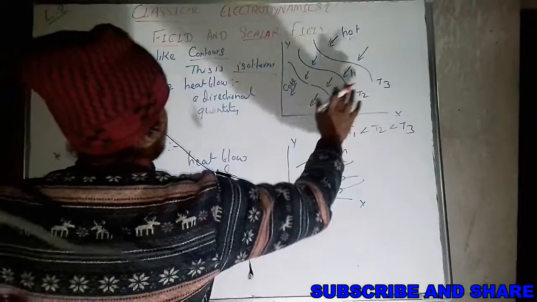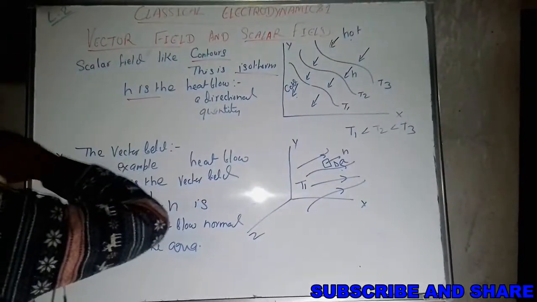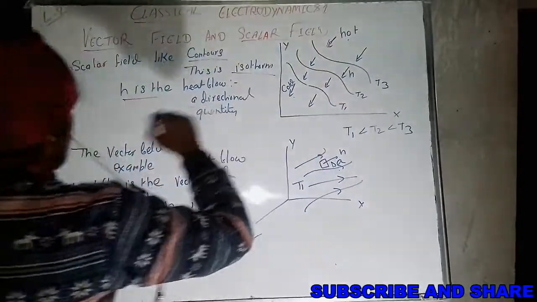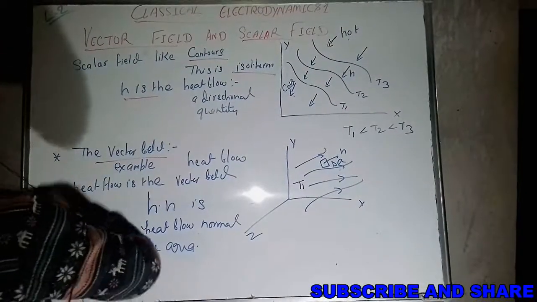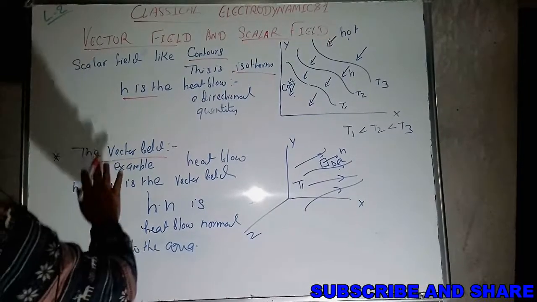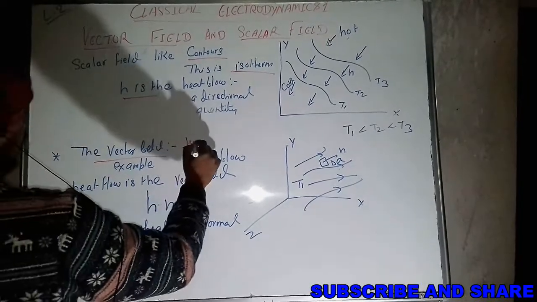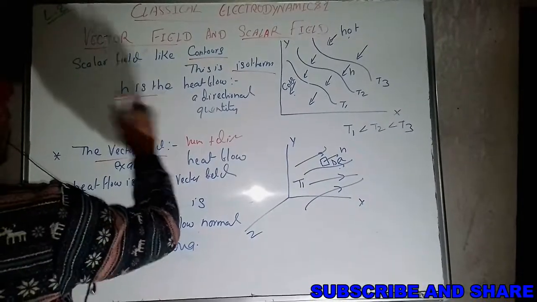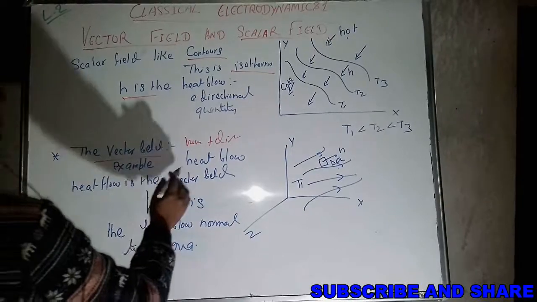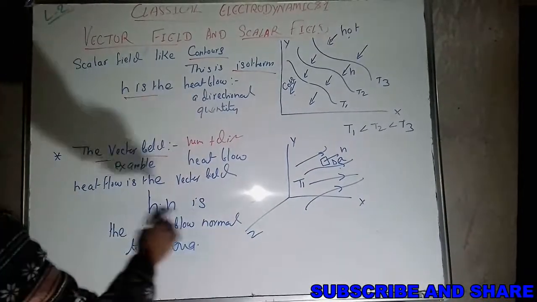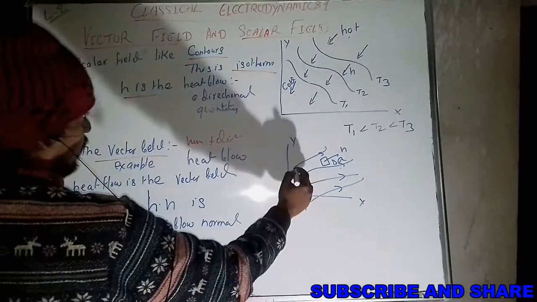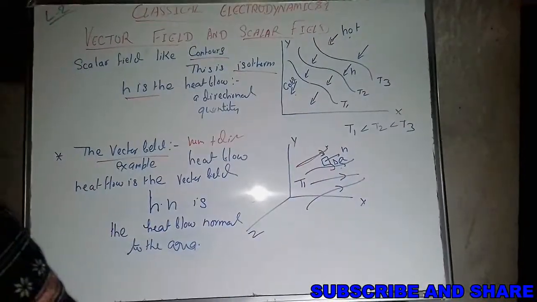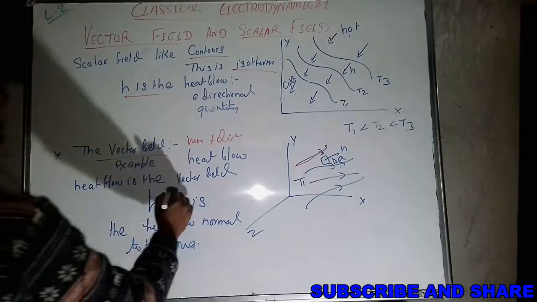Temperature is a scalar field, but heat flow, which flows from hot to cold, is a vector quantity. It means a scalar field is only a number, but a vector field is number plus direction. These lines are the heat flow. It has a specific direction, and heat flow is the vector field.